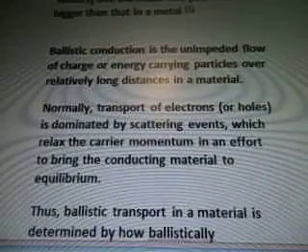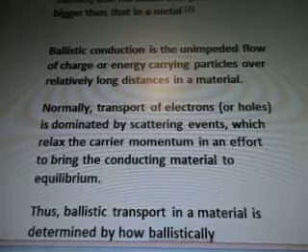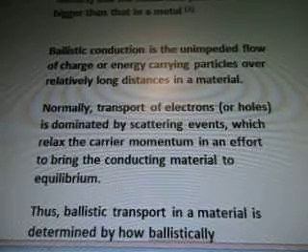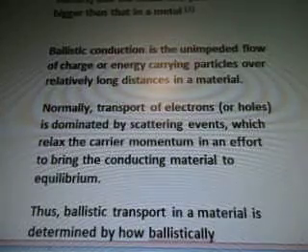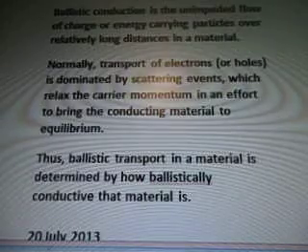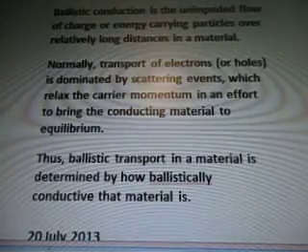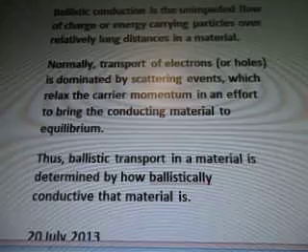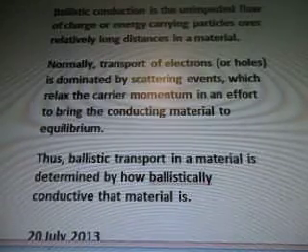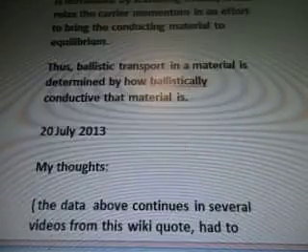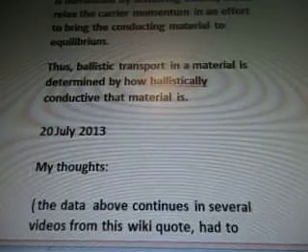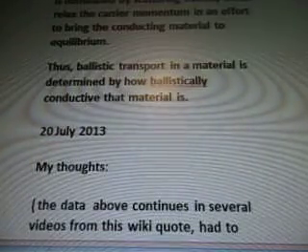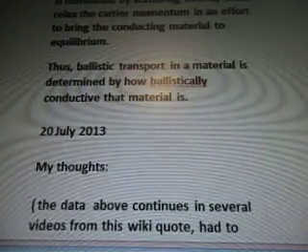Ballistic conduction is the unimpeded flow of charge or energy carrying particles over relatively long distances in a material. Normally, transport of electrons or holes is dominated by scattering events, which relax the carrier momentum in an effort to bring the conducting material to equilibrium. Thus, ballistic transport in a material is determined by how ballistically conductive that material is.